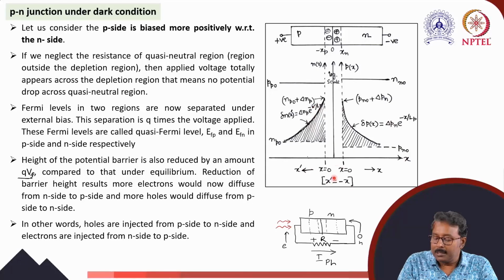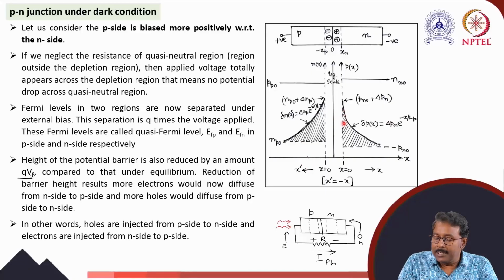So minus x dash means minus minus plus x, but in the P region, x itself is a negative value. That means any point here, say this is minus 2, this is minus 3. That means ultimately this will be e to the power minus some value divided by Ln. So ultimately it decreases, but the axis system x dash is taken for calculation.